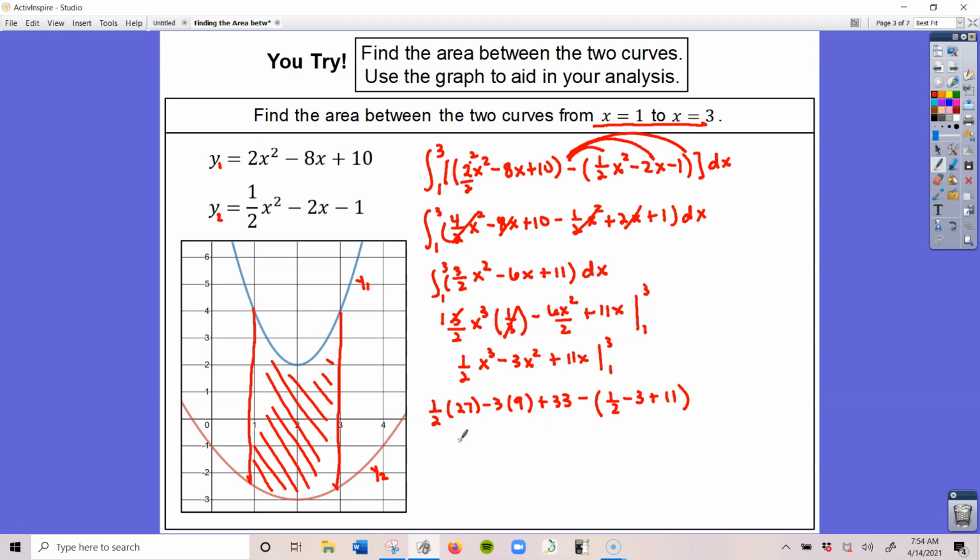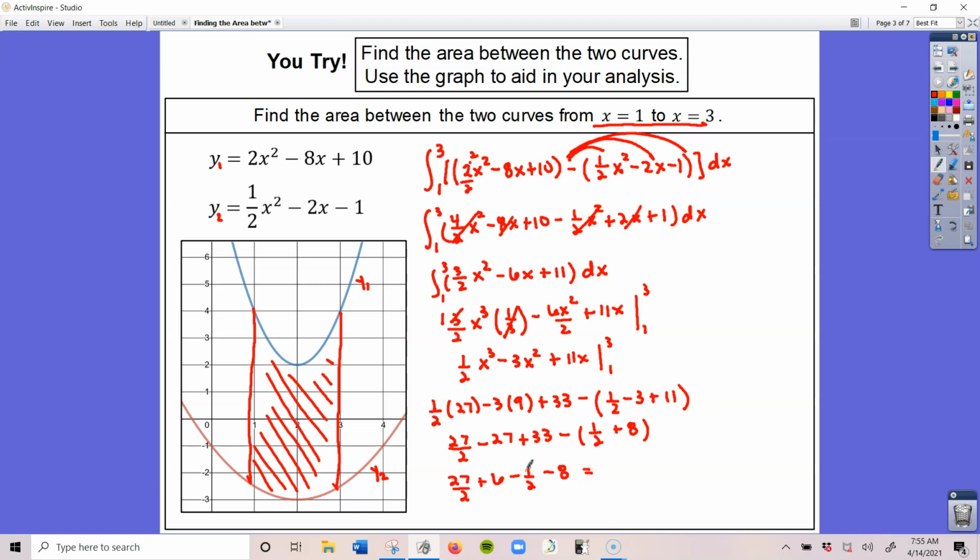What I have here now is 27 over 2 minus 27 plus 33 minus 1/2 plus 8. So what I do is I work it out little by little as I keep going. Now I'm going to combine these and then I'll distribute the negative. So 27 over 2 plus 6 minus 1/2 minus 8.